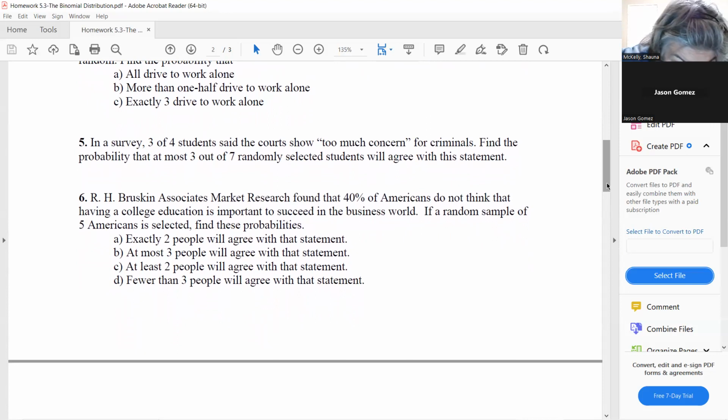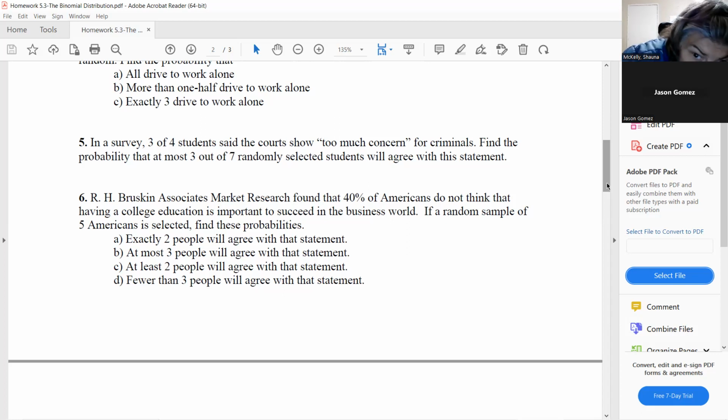So R.H. Bruskin Associates Market Research Fund found that 40% of Americans do not think that having a college education is important to succeed in the business world. If a random sample of 5 Americans is selected, find these probabilities.